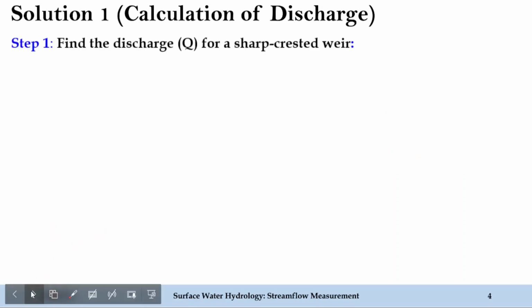In step 1, we need to find out the discharge, which is the ultimate goal of this problem. So there will be only one step. This is the equation you need to remember for estimating the discharge: Q equals 2 by 3 into CD into B, B is the width, into under root 2g, g is the acceleration due to gravity, and H is the head, which is provided, power 3 by 2.